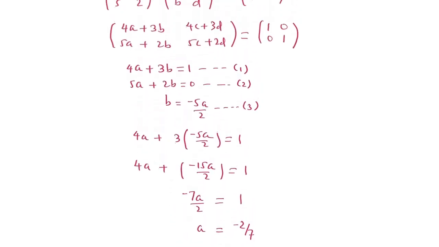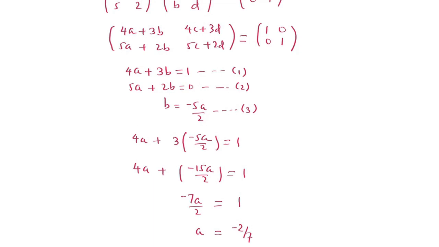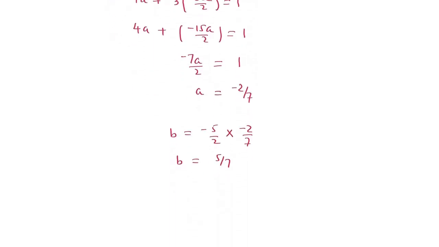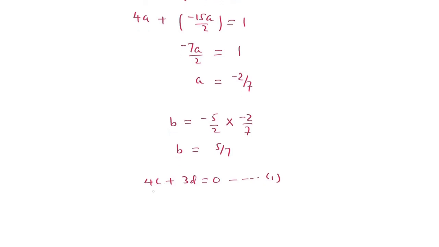Okay, so next, let us consider the second column. So we have 4C plus 3D equals 0. We are going to call this equation number 1. And then we have 5C plus 2D equals 1.